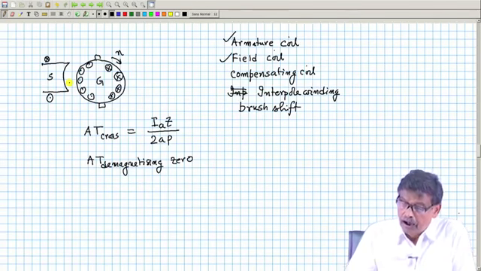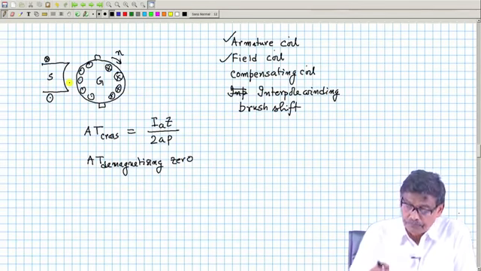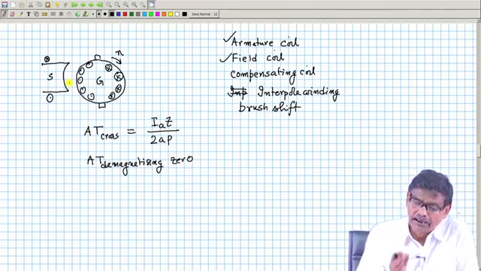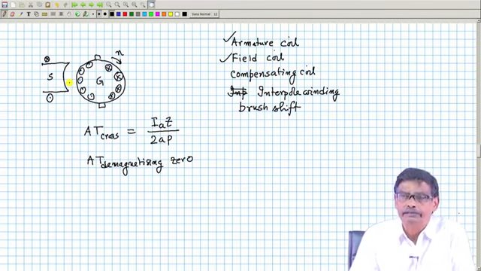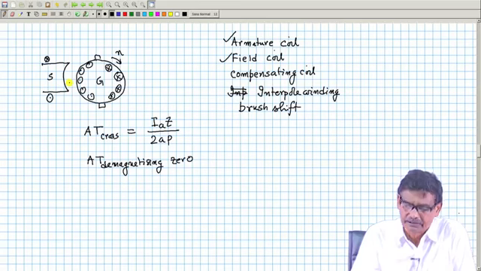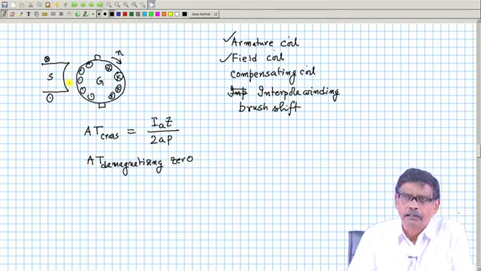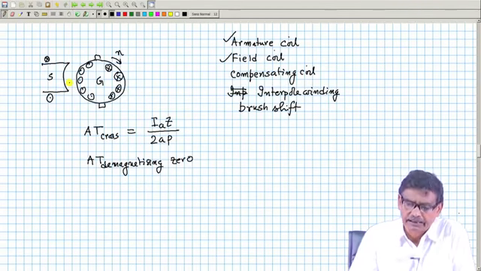Now, suppose I want to avoid this deformation in the flux. The consequence will be that there may be a little reduction in flux per pole. For a large machine, if it is high, we will try to see how it can be done.